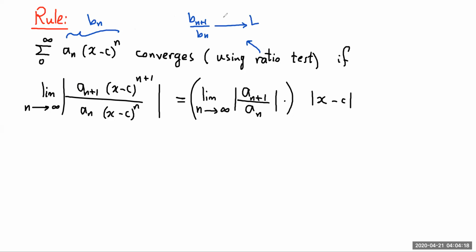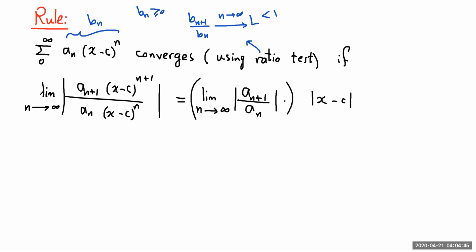If the limit as n goes to infinity is less than 1, it converges. Remember that in the ratio test, b_n must be positive. This series is not positive in general, so let's take it in absolute value. If the series converges in absolute value, then it converges without absolute value also.